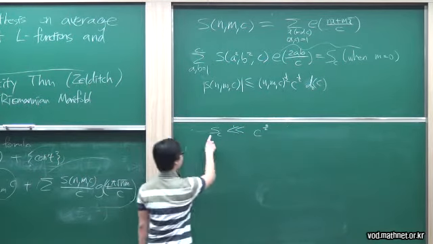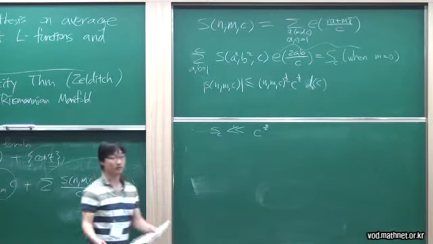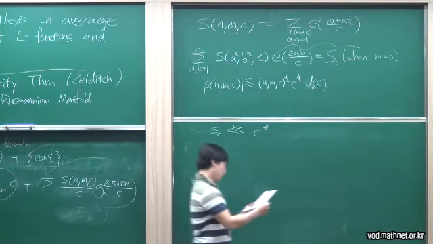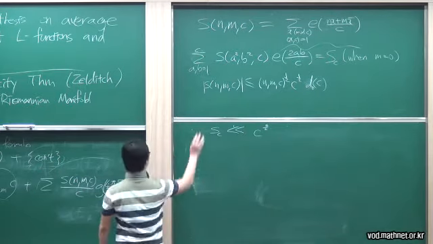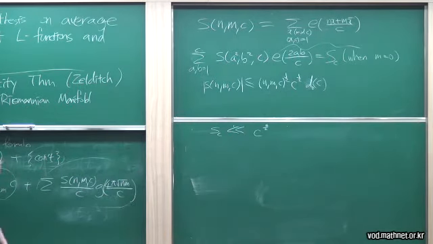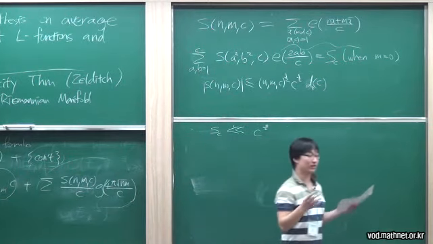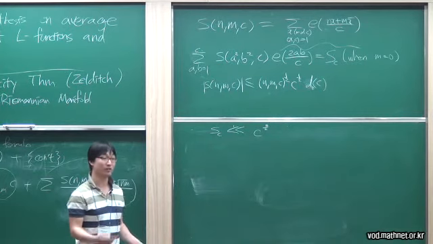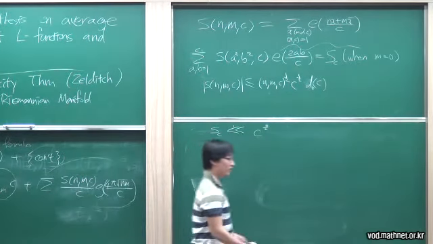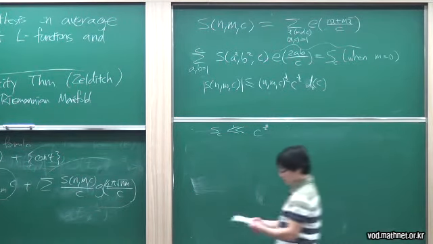One can find S_C almost equal to C to the 3/2. So after applying this into the sum, I get the right bound for the average of the shifted convolution sum, and therefore that implies the Lindelof hypothesis on average for the Rankin triple product L-functions.